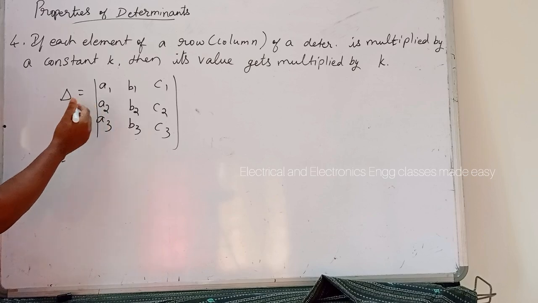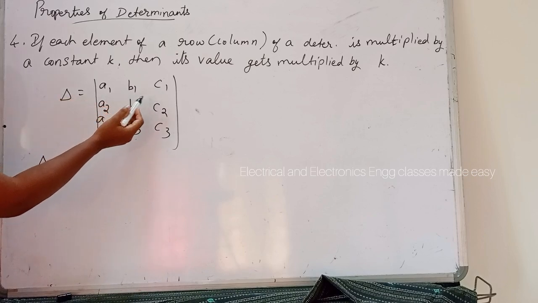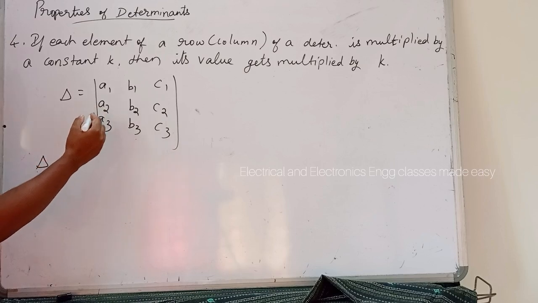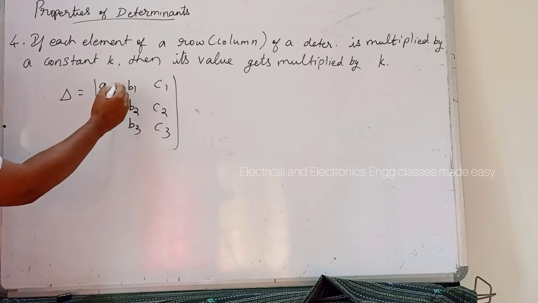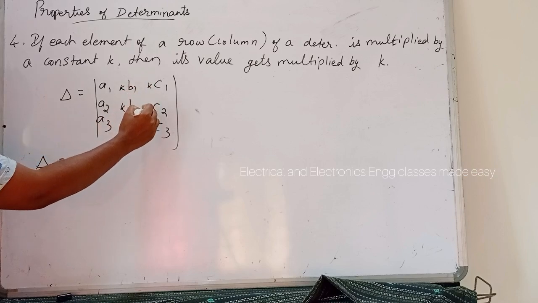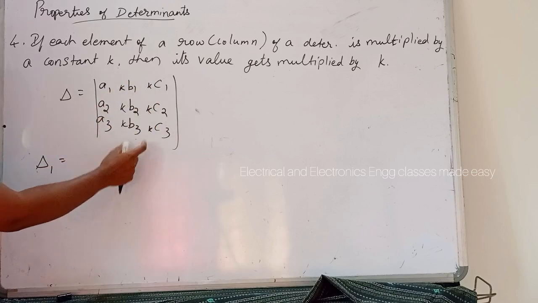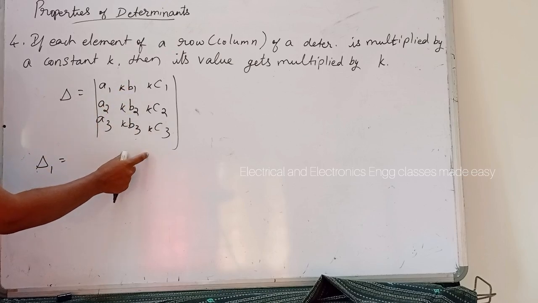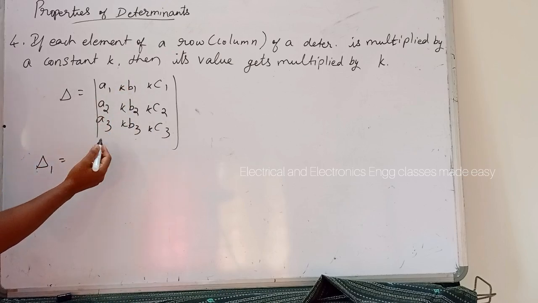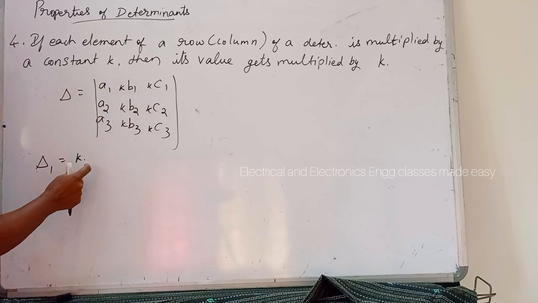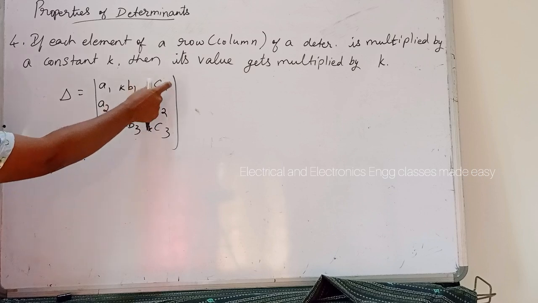For example, if delta is equal to A1 B1 C1, A2 B2 C2, A3 B3 C3, then if we multiply the second column and third column by k, then we can take out one k from this column, and one k from this column.